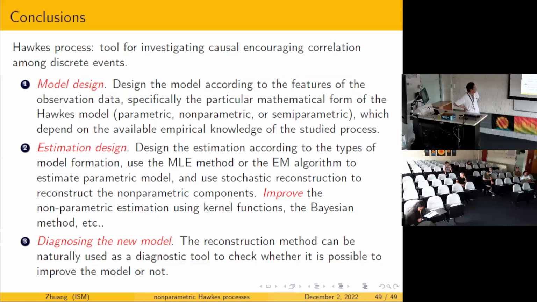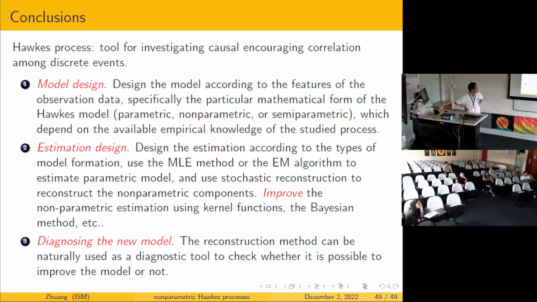We also need to design the estimate, and we can use MLE if we are trying to do parametric estimate, or the EM algorithm is also okay. And for non-parametric, we can use the reconstruction method.